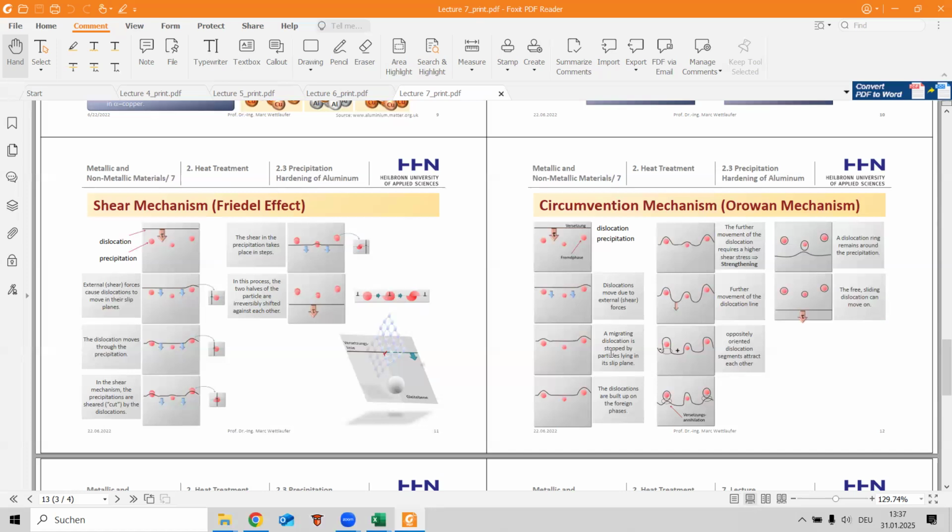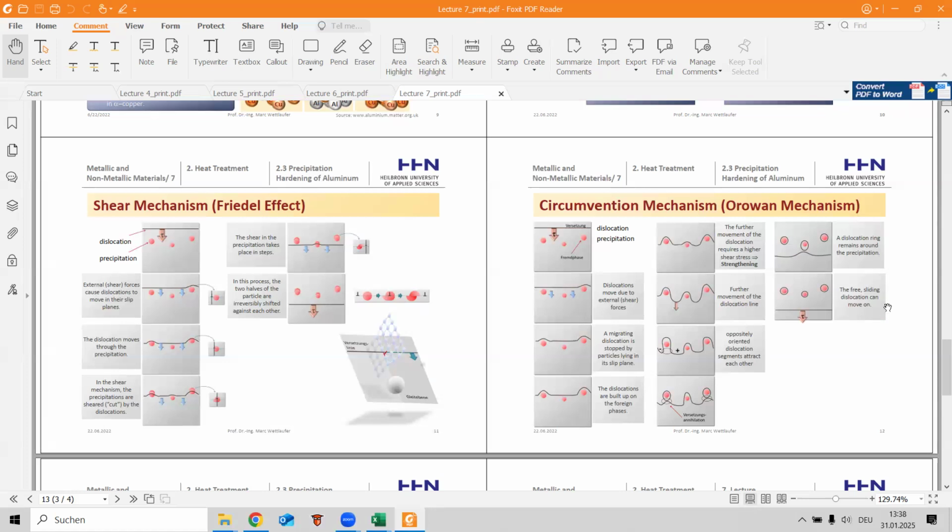The dislocation bulges out between the particles. The further movement of dislocation requires a high shear stress. Then we have oppositely oriented dislocation segments which attract each other, plus minus. Then we have annihilation. The dislocation ring remains around the precipitation. So here is precipitation and dislocation ring.